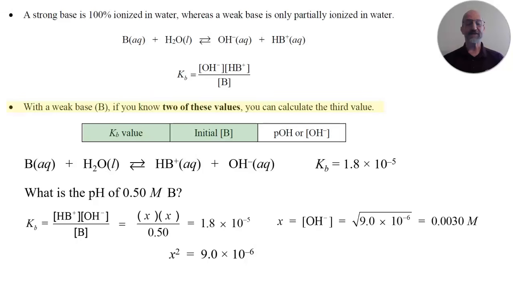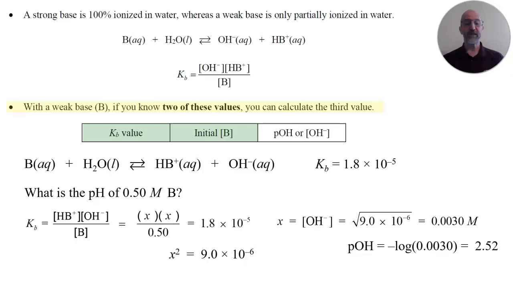Aha, watch out. If I take the negative log of 0.0030 molar, this will not get me the pH, this will get me the pOH. So if I take the negative log of 0.003 on my calculator and I get 2.52, I'm not done yet. 2.52 is not the pH of a 0.50 molar solution of a weak base.